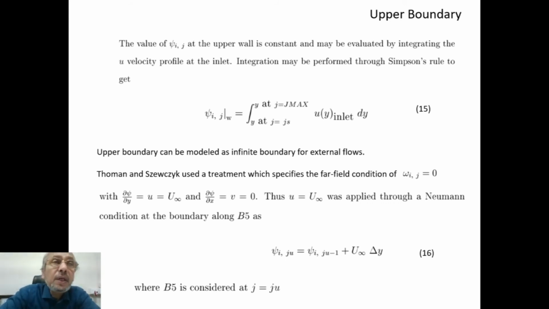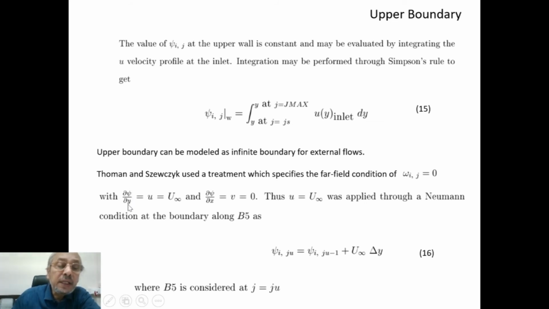In order to calculate the flow field accurately, you set up a boundary condition at the other extreme, away from the wall as far as possible. It should be an unperturbed boundary. So I have mentioned what Thoman and Soucek did. They used a treatment which specifies a far field condition. In the far field, if it is an undisturbed field, we can say omega_ij equal to 0.